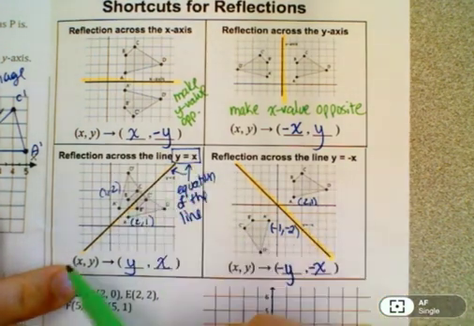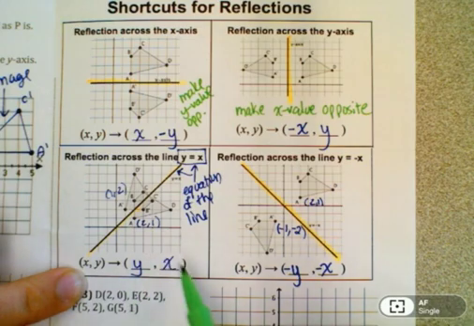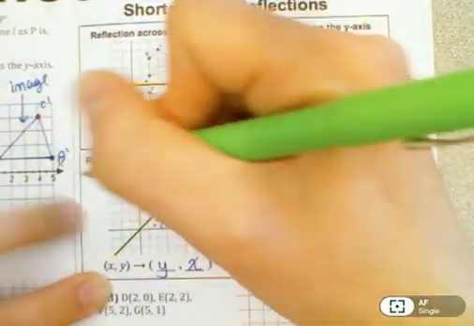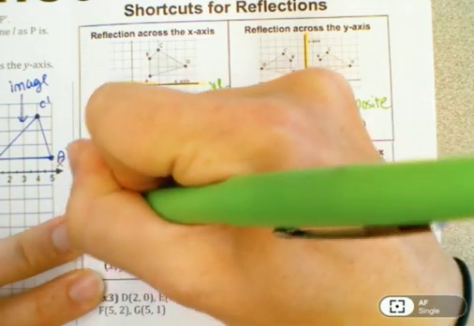When you reflect across the line y equals x, you're actually switching spots. So I'm just going to write a little note to myself. Switch spots is what we're doing.